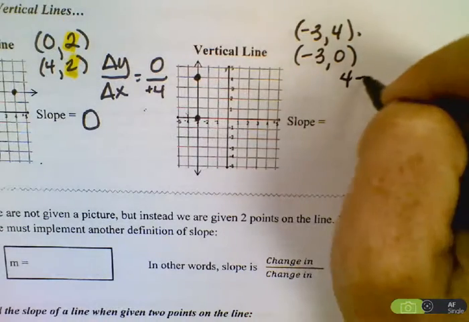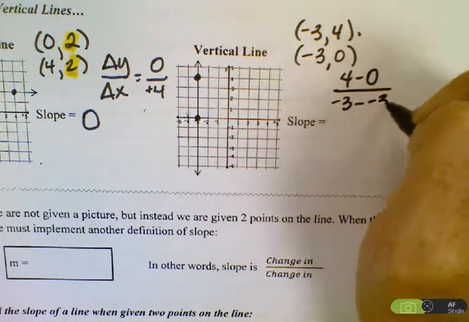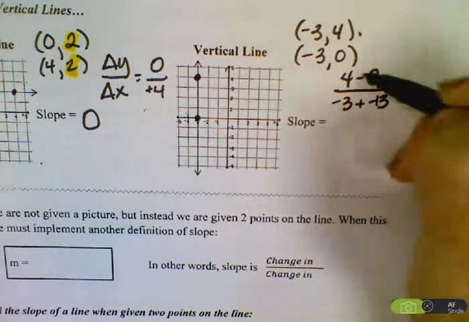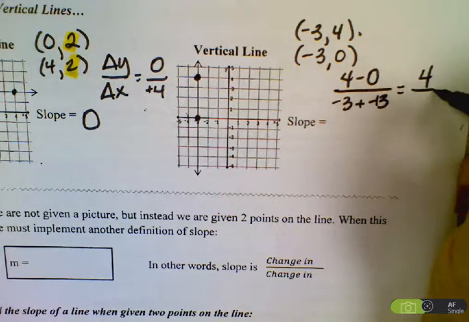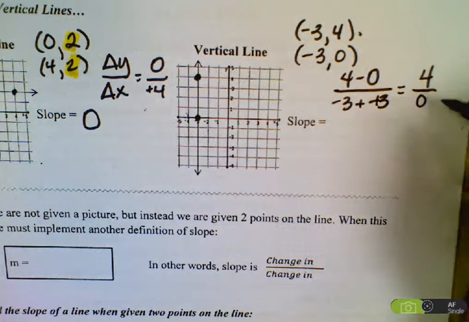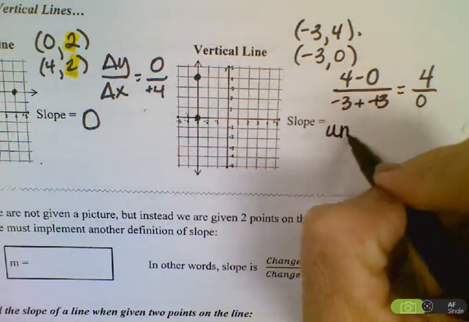So 4 minus 0 over -3 minus -3. When you have a negative negative, that gives you a positive. So 4 minus 0 is 4, and on the bottom, -3 plus 3 would give you 0. Remember that you cannot divide by 0. That is what we call undefined.